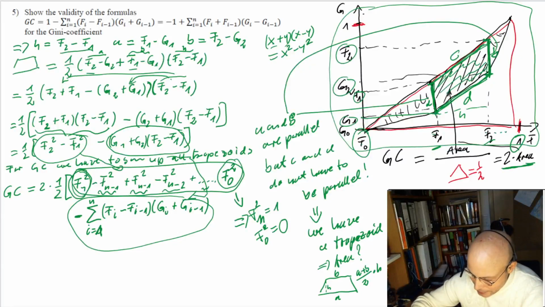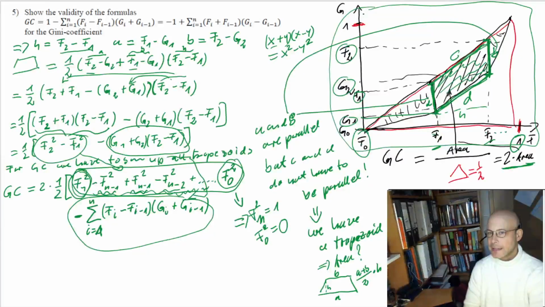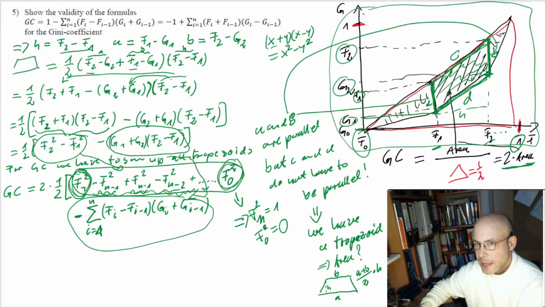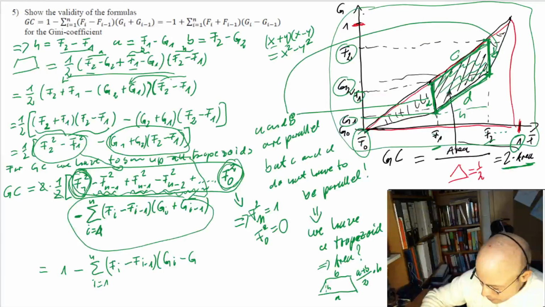So since everything here in the middle just cancels out, and this value is 0, we are just left in the beginning with a 1, and these two and these two also cancel, and we obtain 1 minus the sum from i equals 1 to n of f_i minus f_{i-1} times g_i minus g_{i-1}.